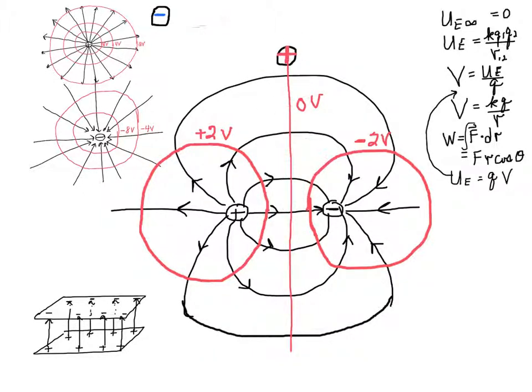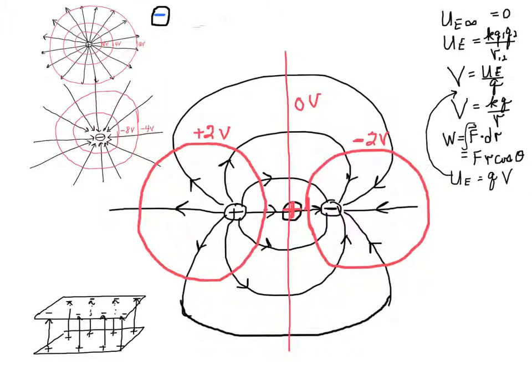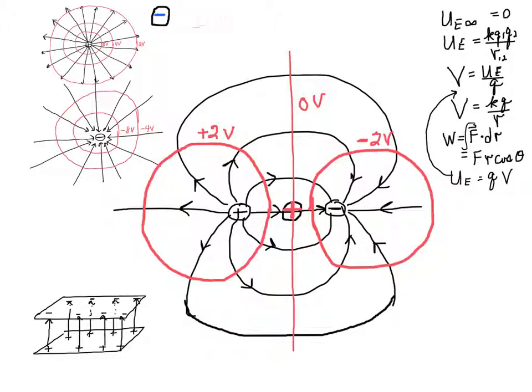And there's a physical way of understanding that. If I put a charge here, right in the middle, there will in fact be a force on it. Notice that the positive charge is repelling it, the negative charge is attracting it. There is a force on this charge in this direction.